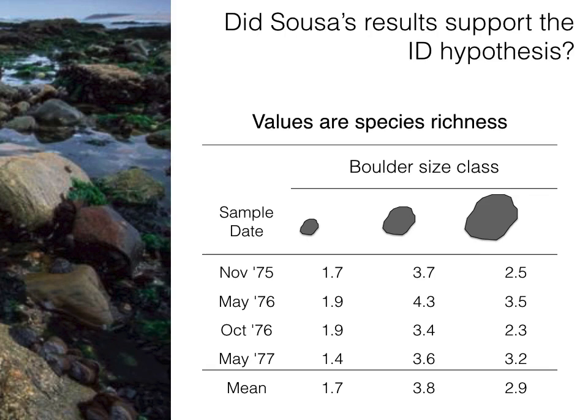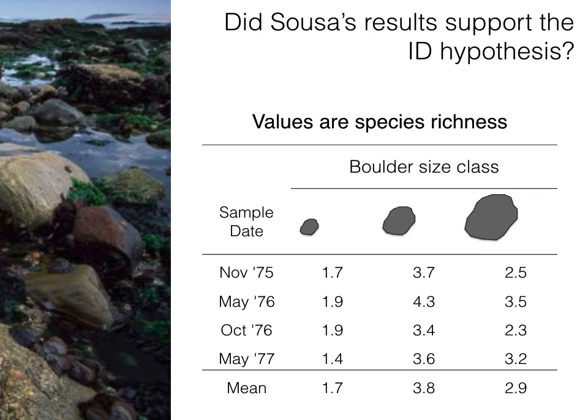So this would seem to support the intermediate disturbance hypothesis, and in fact, these results were statistically significant. One of the things that I didn't show you are any statistics, but indeed he did conduct statistical analyses and found that quite consistently the intermediate boulder size classes had the highest algal diversity.